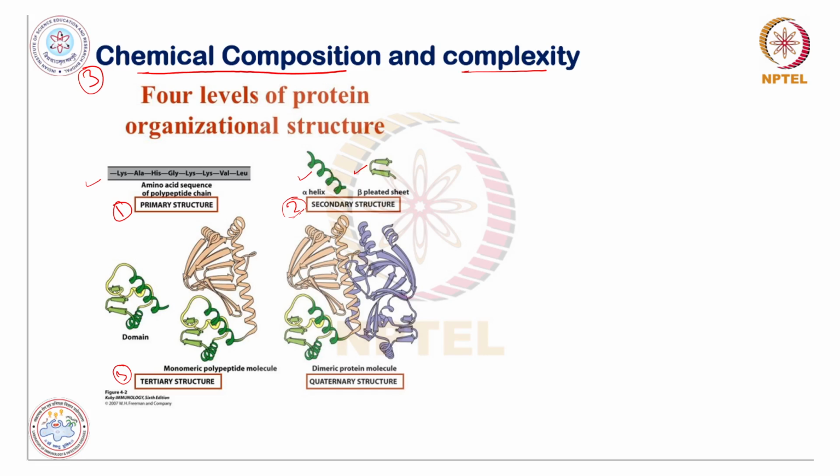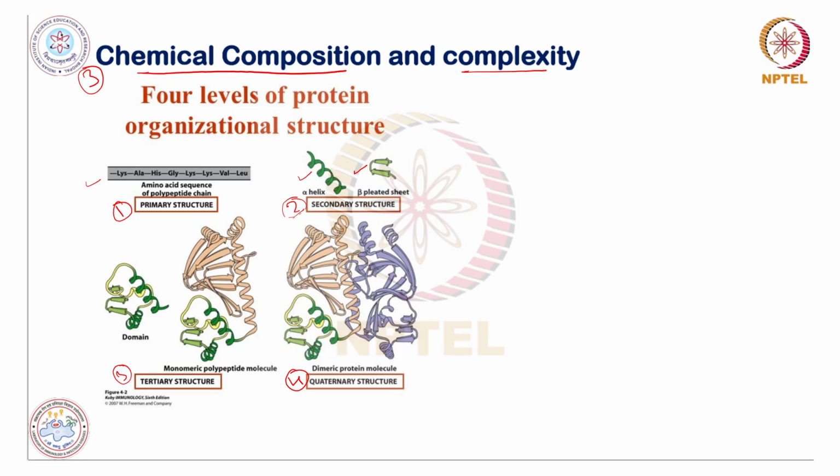The alpha helix and beta sheets will interact with each other and start folding into a structure by the use of some bonds like hydrogen bonds and disulfide bonds. Then comes the quaternary structure, which is a multimeric protein molecule, where two different subunits, two different tertiary structures, combine together and form the quaternary structure.